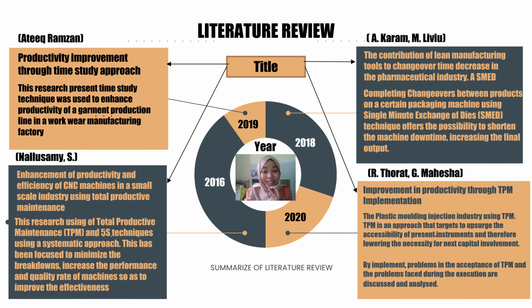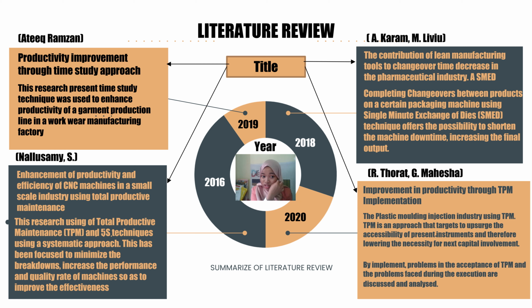From the literature review, there are 4 journals that I can summarize that were most helpful in doing the research. The journals are from 2016 until 2020. For 2016, the title is the enhancement of productivity and efficiency of CNC machine in a small scale industry using total productive maintenance, which is TPM.